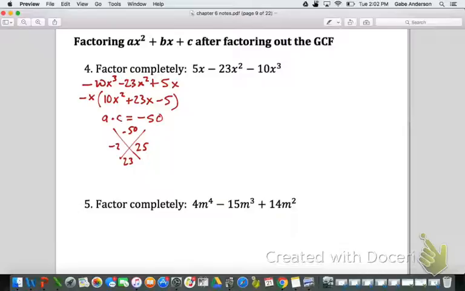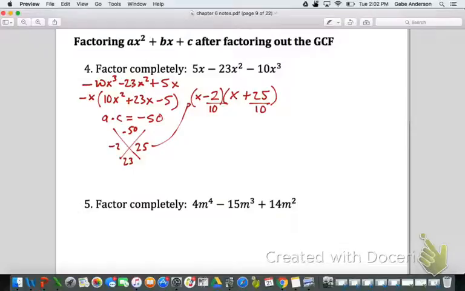So if I were going to do bottoms up, here's what I would do. I would take these numbers and write it as x minus 2, x plus 25, and I have to acknowledge that my lead coefficient was not 1, it was 10. So I'm going to divide those two numbers by 10.